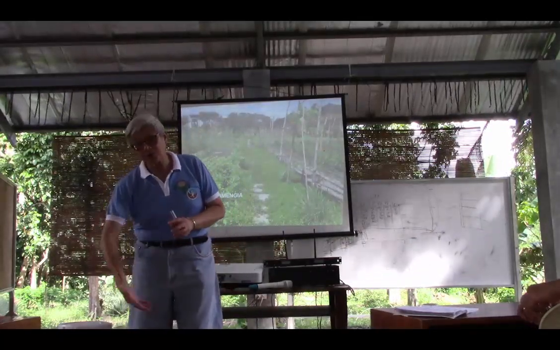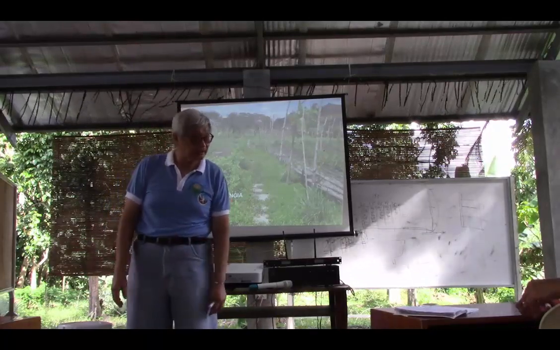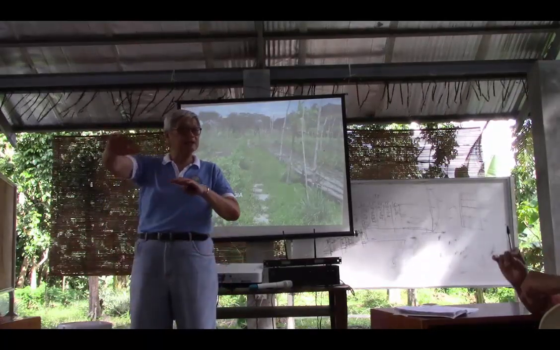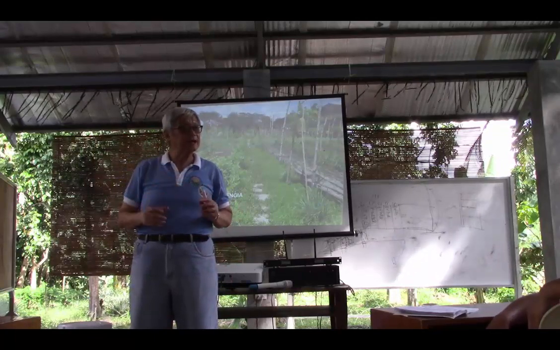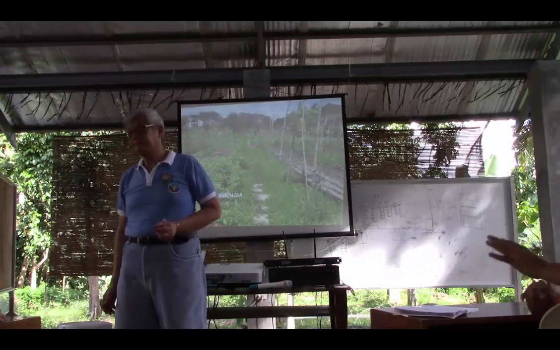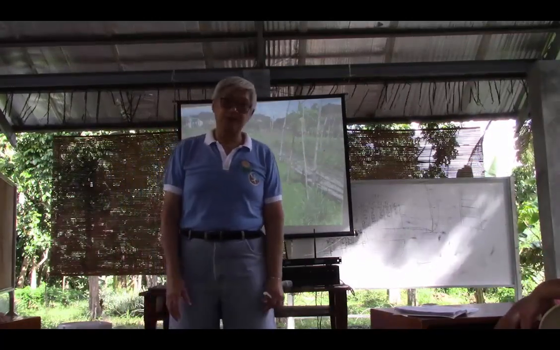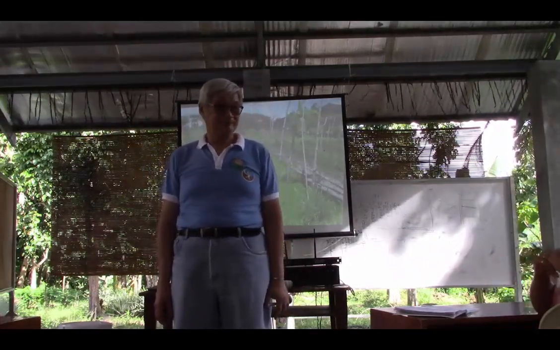The vermicast on top is the fertilizer. That's why we mix the compost and the vermicast, so it will not be fertilizer, it will be soil conditioner. But we have to analyze the vermicompost with the vermicast in the laboratory.